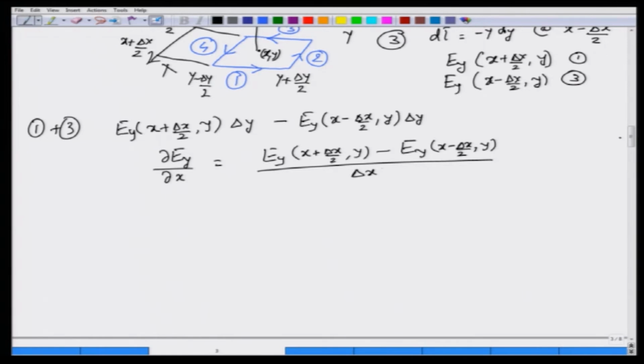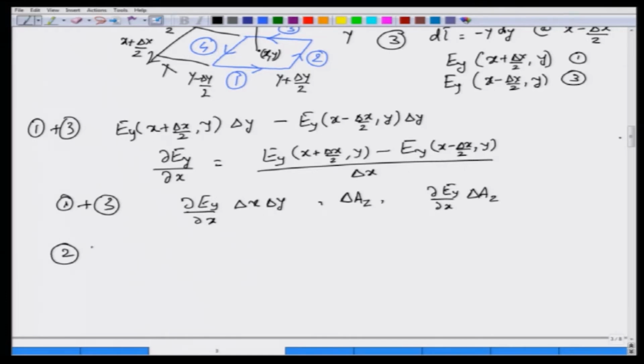This is the width. You can use this definition and replace Ey of x plus delta x by 2 comma y and Ey of x minus delta x by 2 comma y, and the contribution from path 1 and path 3 can be rewritten as del Ey by del x multiplied by delta x delta y. If I call this delta x delta y some delta area along z, the contribution from path 1 and path 3 is basically del Ey by del x delta a z.